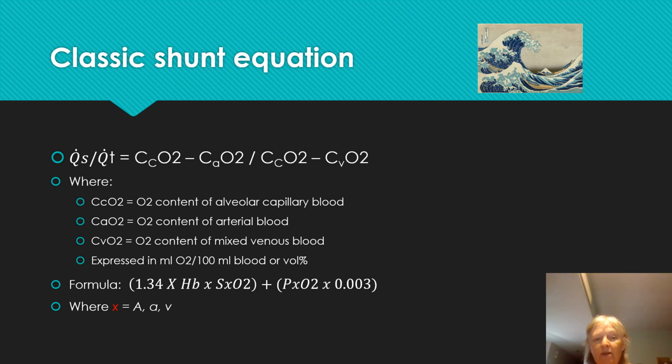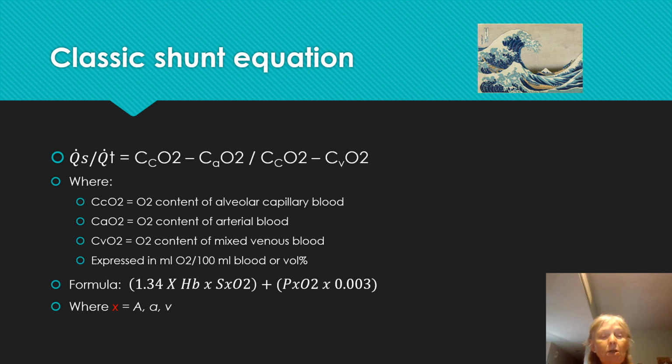All right, so the formula for CcO2 is 1.34 times hemoglobin. You can either use 1, because I told you that any oxygen in the alveoli is already at 100% saturation, and anything times 1 is still itself, or you can just leave it out, whatever you're comfortable with, plus your PAO2 times 0.003.